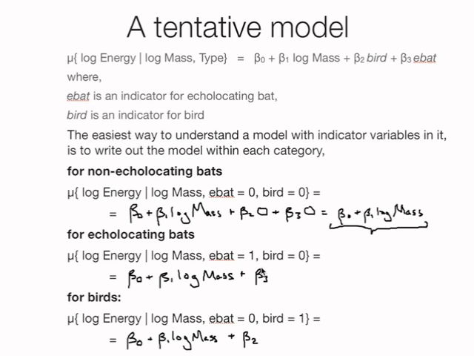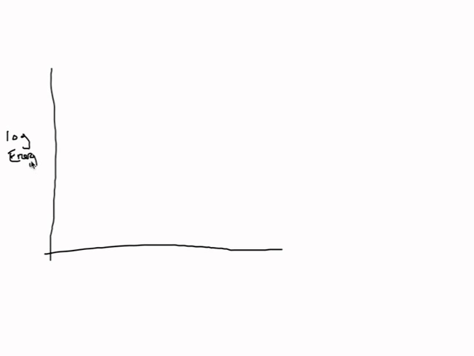So let's take a closer look at that. If we think about the plot of the log energy as a function of log mass, all three of our animal types model this as a straight line, and that straight line has slope beta 1.